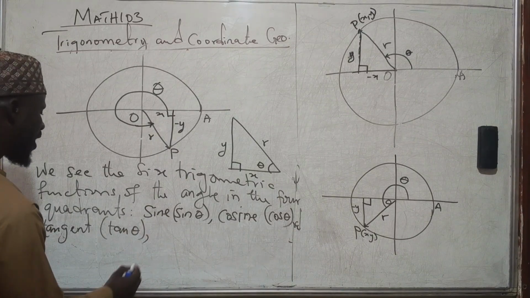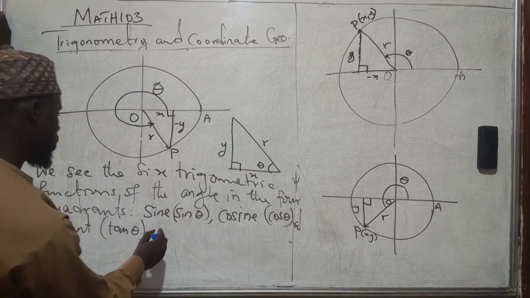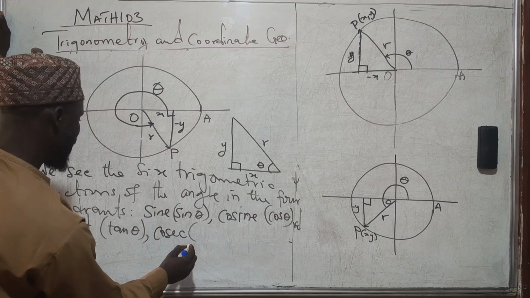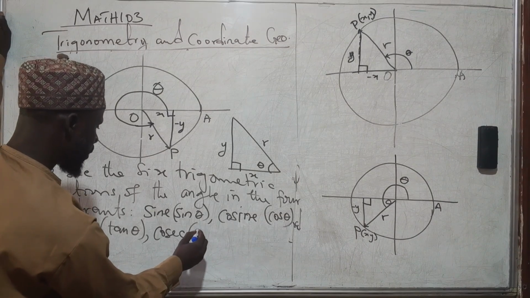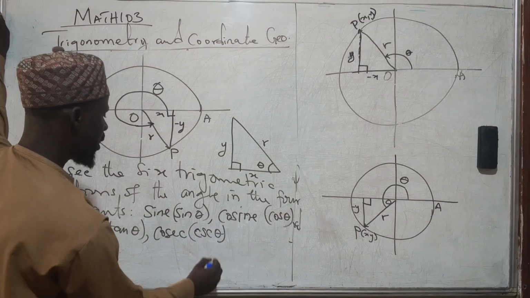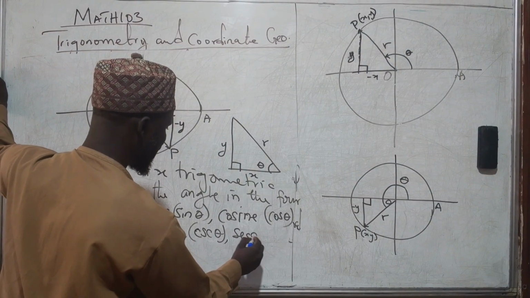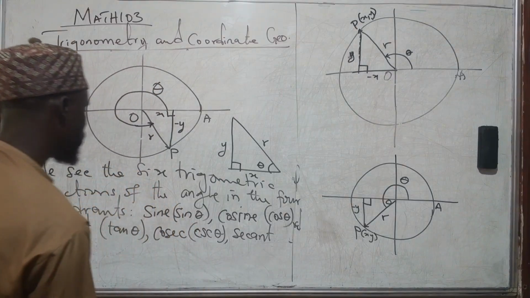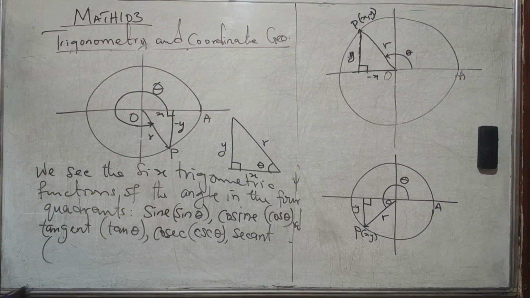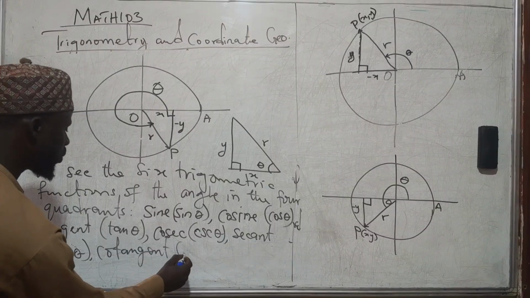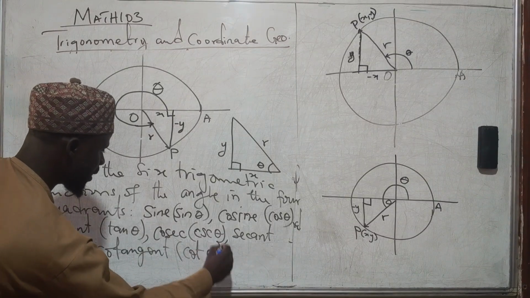And then we have their reciprocals. So we have cosecant, which we normally shorten as csc of theta. And then we have the secant of theta, which we normally shorten as sec theta. And then the cotangent of theta, which we normally shorten as cot theta.